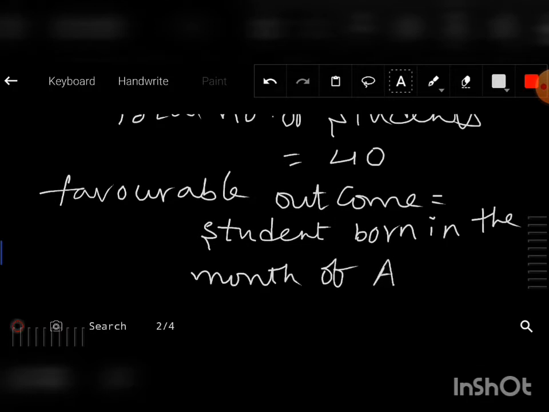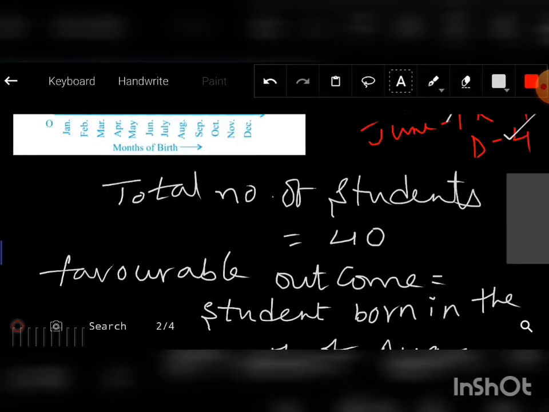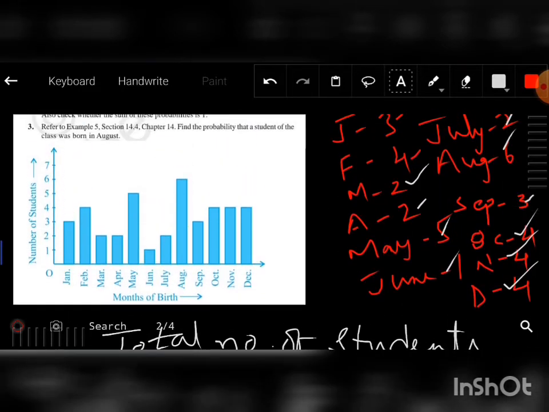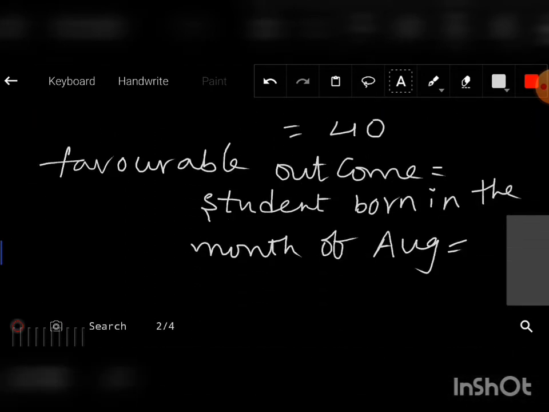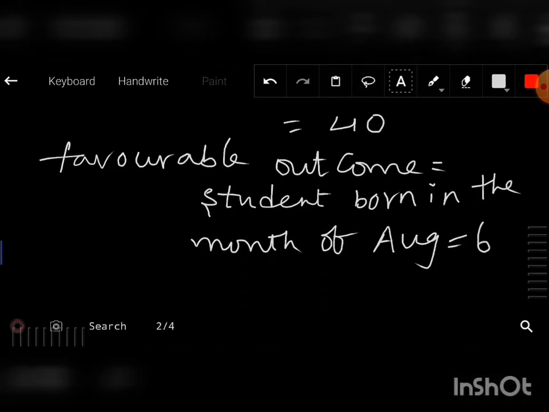As we have taken, favorable outcome equals students born in the month of August. Here you can see the number of students born in the month of August equals 6. So the favorable outcome will be 6.